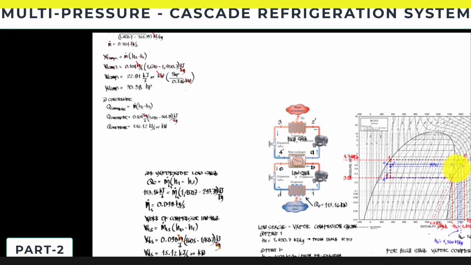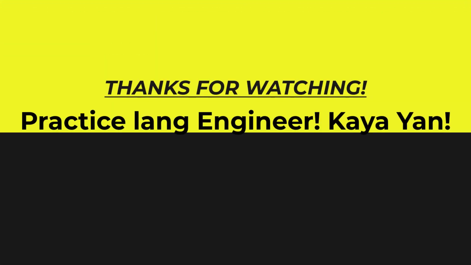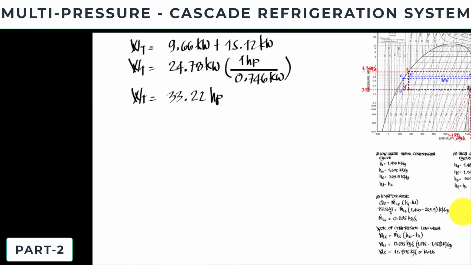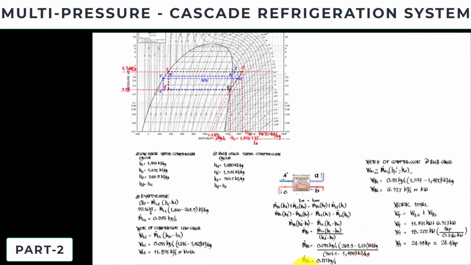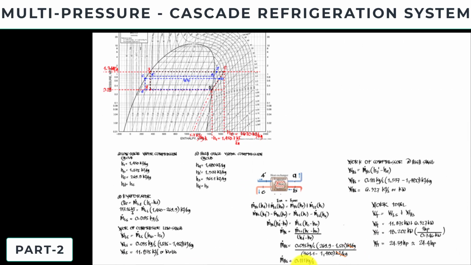So if you use that temperature for your heat exchanger compared to this one, we may have savings of work. So that is the case if we have no overlapping temperatures in the heat exchanger of the cascade system.